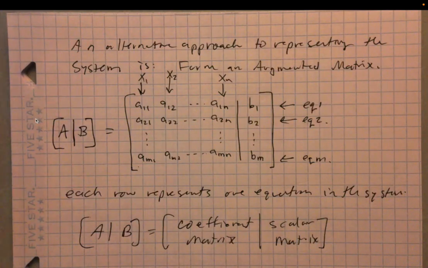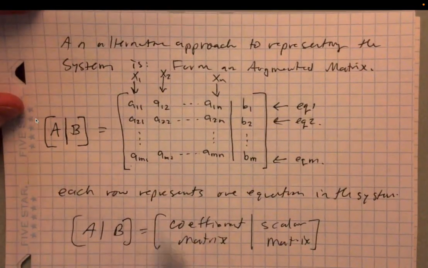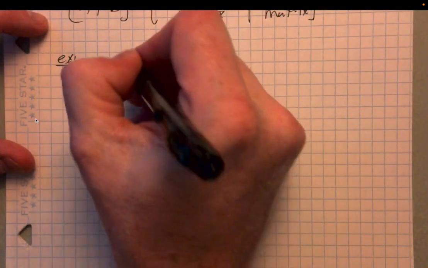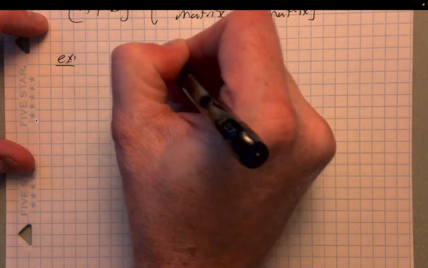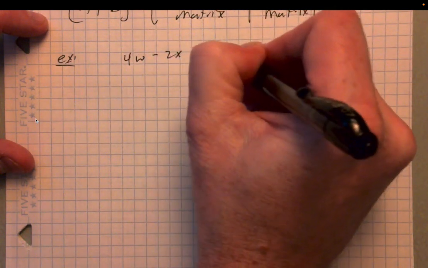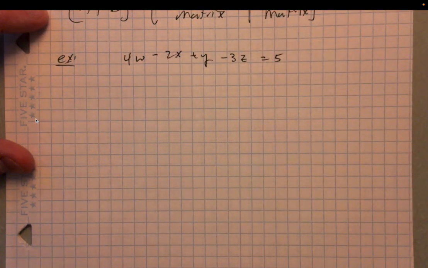Okay, let's do an example where we take a system and insert it into this augmented matrix structure. Let's consider this system: 4w minus 2x plus y minus 3z equals 5. That's the first equation.